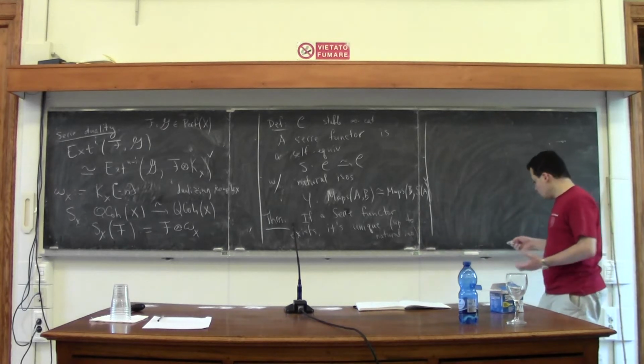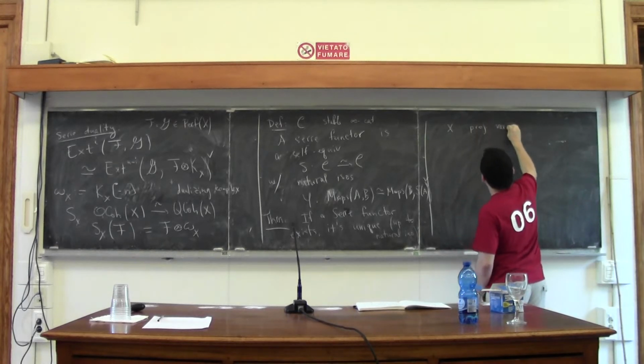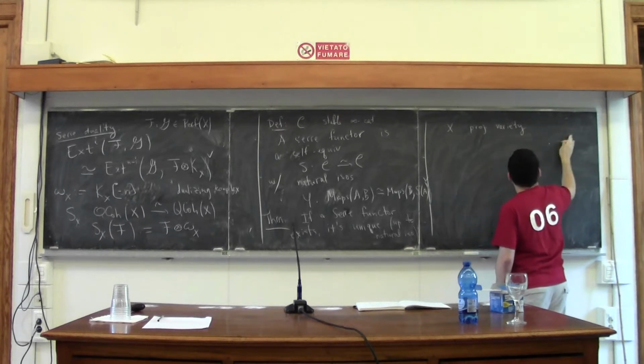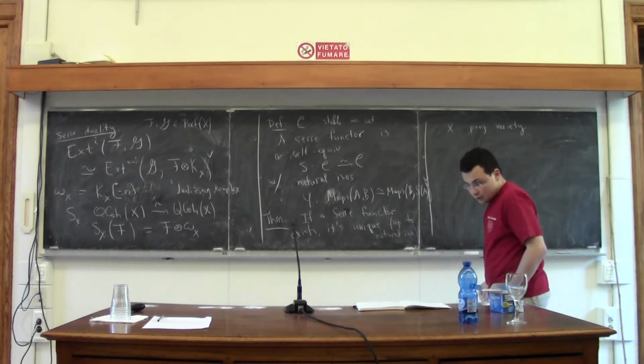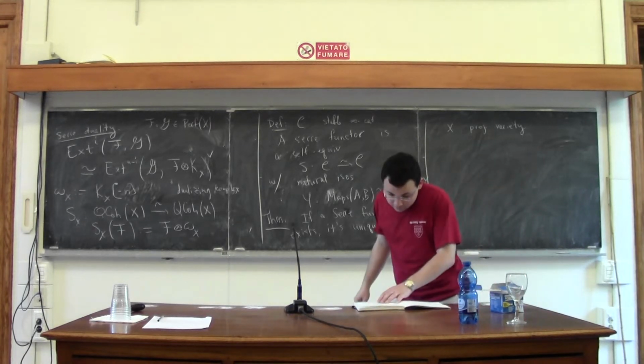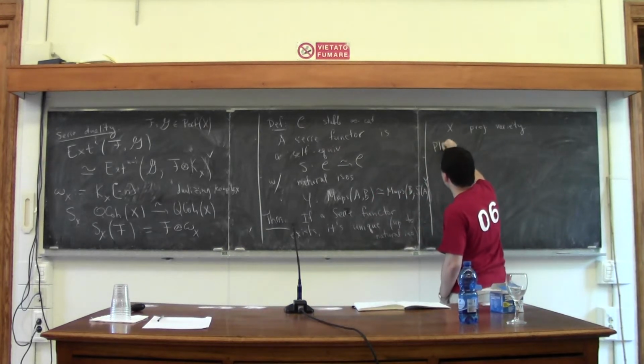So suppose X now is a projective variety. There's something called the pluricanonical ring.